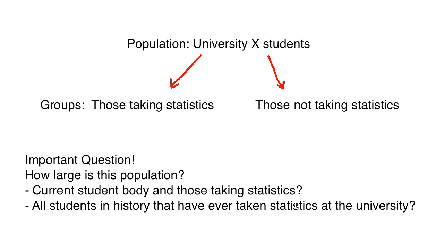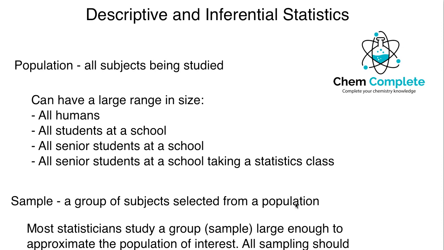Instead of just diving directly into descriptive and inferential statistics, I wanted to talk about population and sample, because it is very important when you're getting ready to ask these questions, especially the inferential questions. What is the actual population? What are you talking about? And be specific. All right, so that covers the descriptive versus inferential statistics discussion.